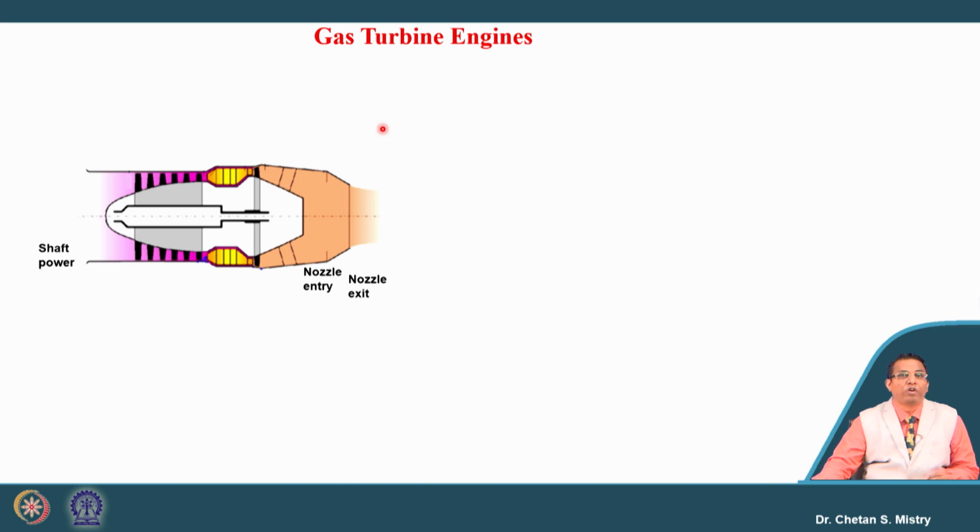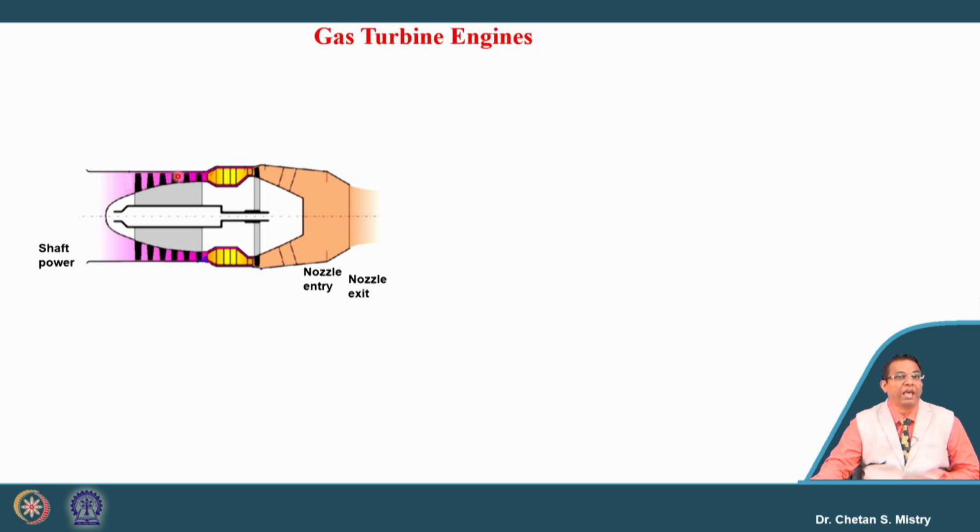This is what we know as our turbojet engine. Let's recall what is happening. We have our intake, which decelerates the flow, and as per the requirement at the compressor face it supplies the flow at Mach 0.2 to 0.5. Then compression happens inside the compressor.